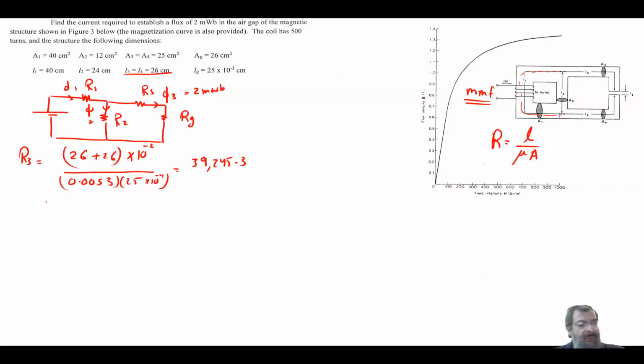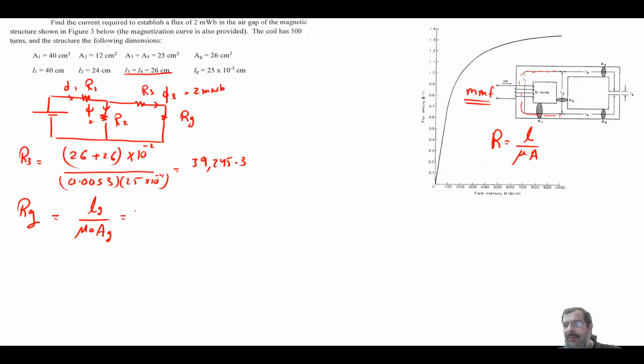Then I can also find the air gap reluctance, which is equal to Lg over mu 0 times Ag only, because mu r is equal to 1 and mu is mu 0 times mu r.